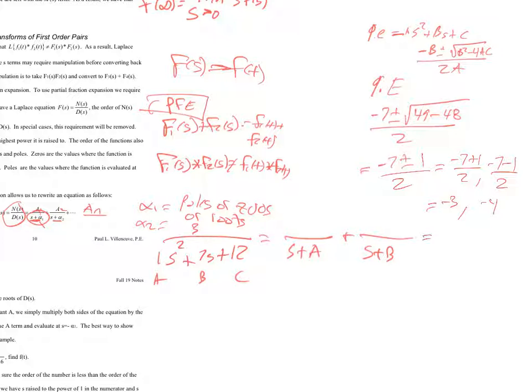So in this case, this becomes s, and you take minus the root, so s plus 3, and s plus 4. If you multiply and do a FOIL of s plus 3 and s plus 4, do you end up with s squared plus 7s plus 12? Sure do, right?